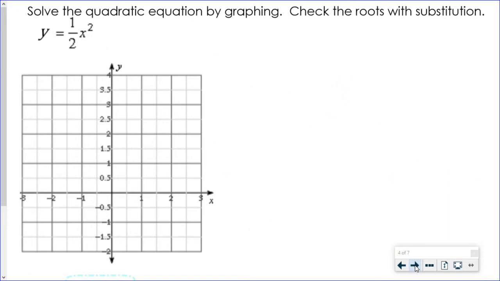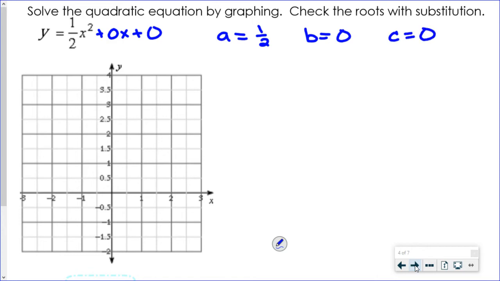Now, first things first, how many x's do I have and how many c's do I have? So A is 1/2, B is 0, and C is 0, and that's okay. So my axis of symmetry is the opposite of B over 2 times A. So it's 0 over 1 or just 0.